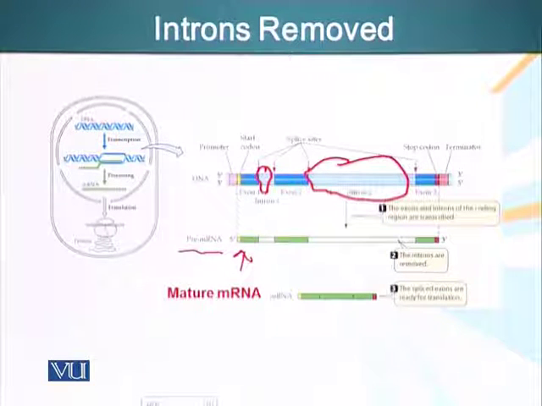Exons are the regions of DNA which, when transcribed into RNA, are kept. Introns are removed, and after they have been removed, the exons are joined together, and now we have a mature messenger RNA. This is basically splicing and patching up different regions of messenger RNA.